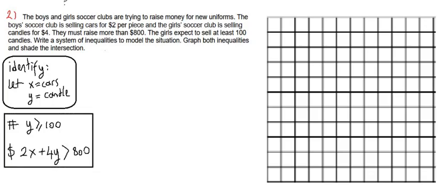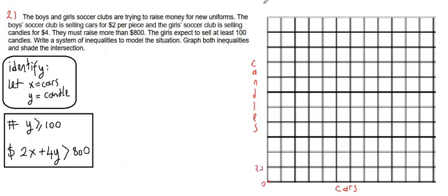Now we are going to graph these two inequalities. Let's scale before that. Our x-axis is cars, label it, and our y-axis is candles. After you label, the scaling can go 20 by 20 because we need at least 100.